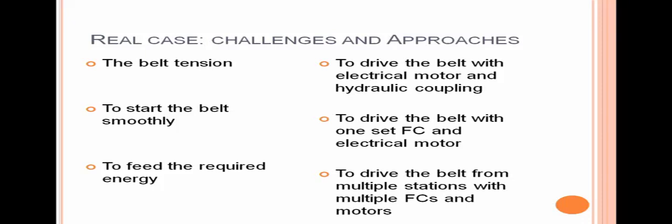But of course, the more stations you have, the more important it becomes to have remedies and approaches to make sure that these different stations interact with each other in a smooth way, and energy is given to the belt conveyor from the electrical motors in a fair way. We have mainly 2 approaches in practice to design the interaction between the head and tail frequency converters.